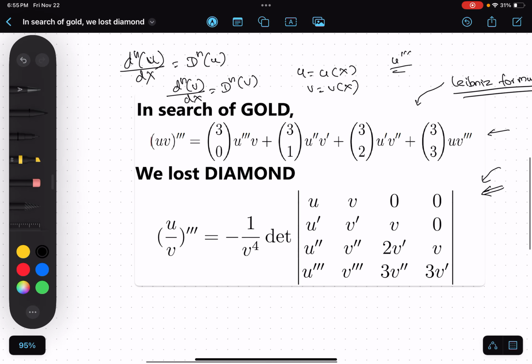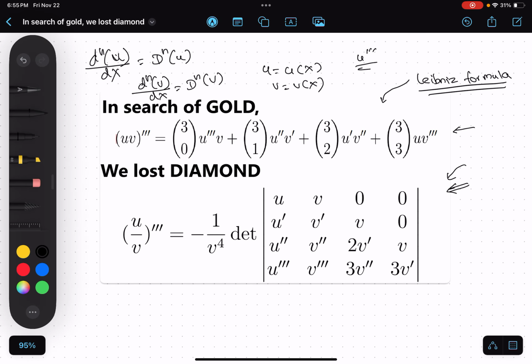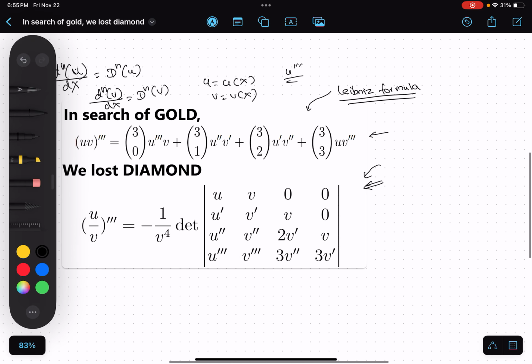Now, I guess you guys know this formula, and this can also be written in this way. Let's say I want the nth derivative of this product of the u function and v function, which are both functions of x.